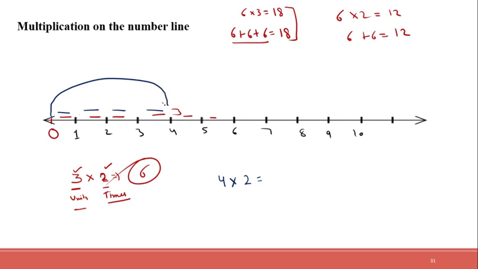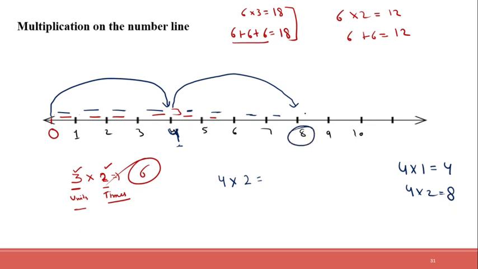That means first 4 into 1 is 4. If I jump 4 units once, I get 4. If I jump it twice, I'll reach 8. How? 1, 2, 3 and 4. That means 4 into 2 is 8. I'm reaching 8 here, right?